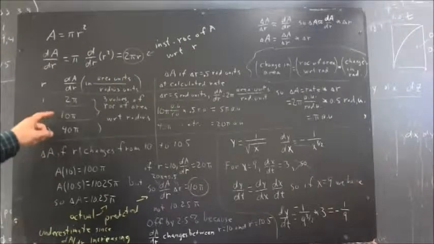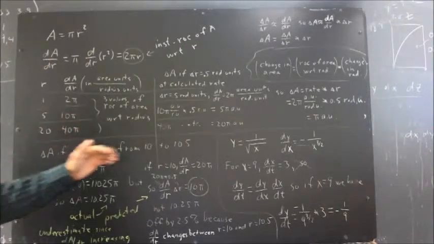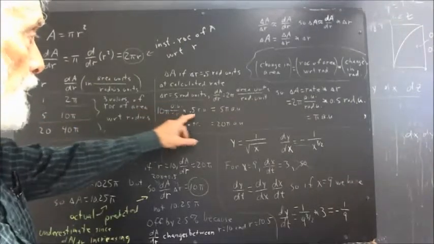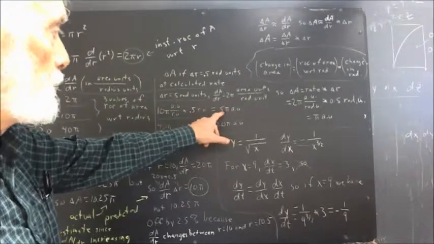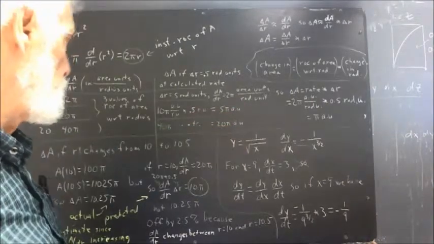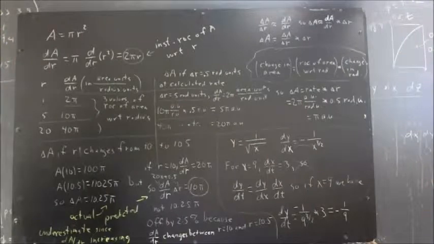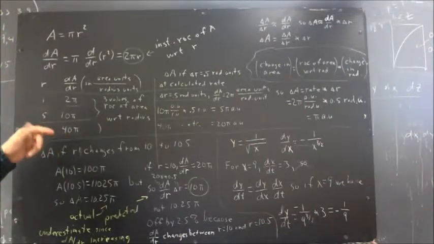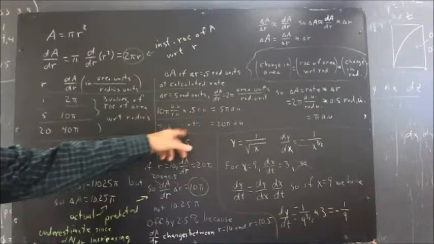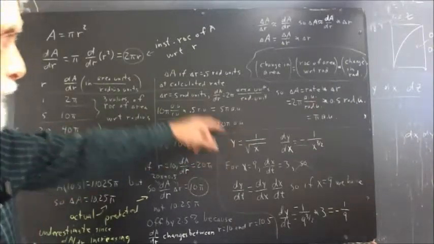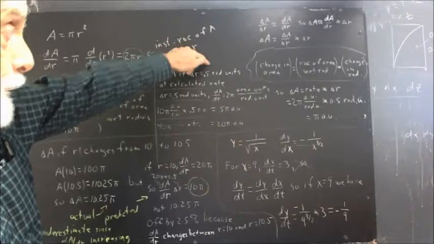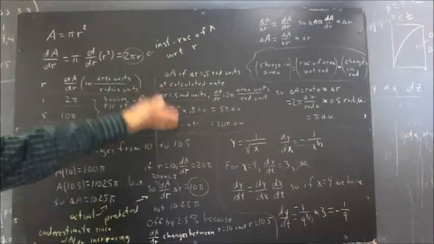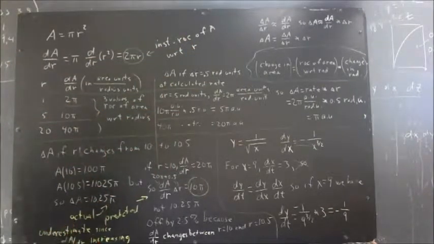At a rate of 10 pi area units per radius unit, multiplying that by the 0.5 radius units, we get 5 pi area units. At a rate of 40 pi area units per radius unit, we get 20 pi area units for a radius change of 0.5 radius units. Applying that idea again down here, we get these results as we've discussed.